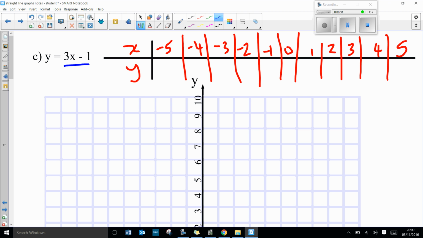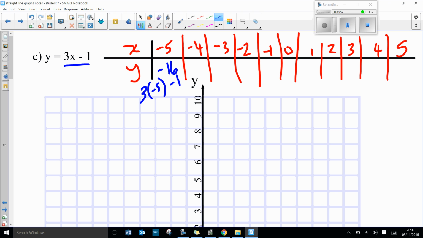So for this box it would be 3 times -5 take away 1. Note you can do this in your calculator. You can just input these values straight into the calculator. So 3 times -5 is -15, minus 1 is -16.